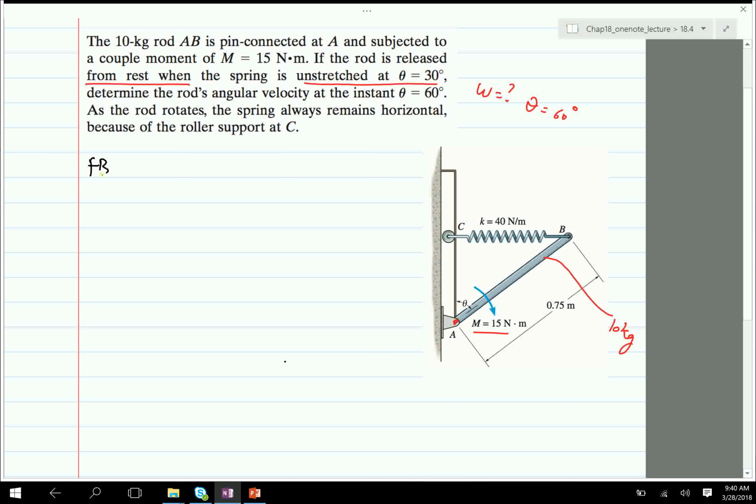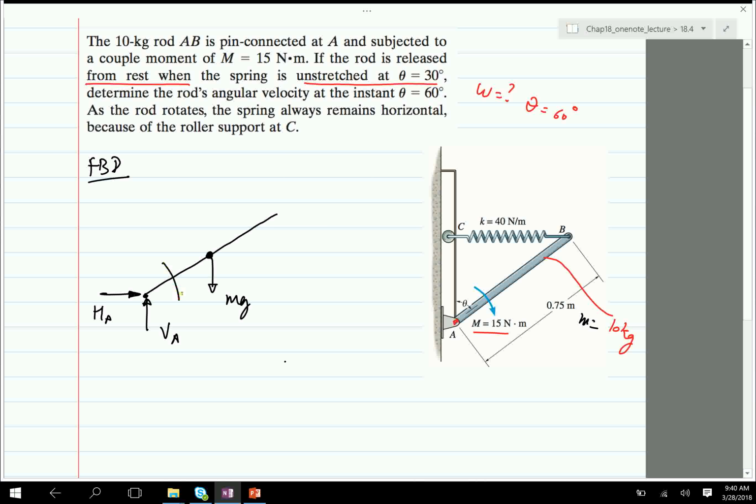So, free body diagram. Okay, release the pin joint, which will be replaced by a vertical force and a horizontal force. Mg, due to the weight of the rod.